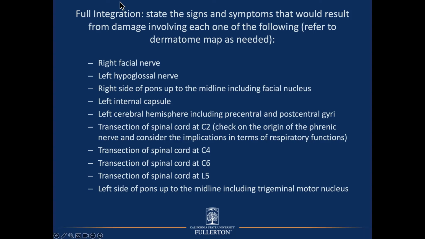This is all site of lesion and predicting the clinical manifestations, what are the observations and the test results that you would see. In real life, you start out with your observations and your test results, and you go the other way. You think, well, where in the brain would the damage be that would account for that?